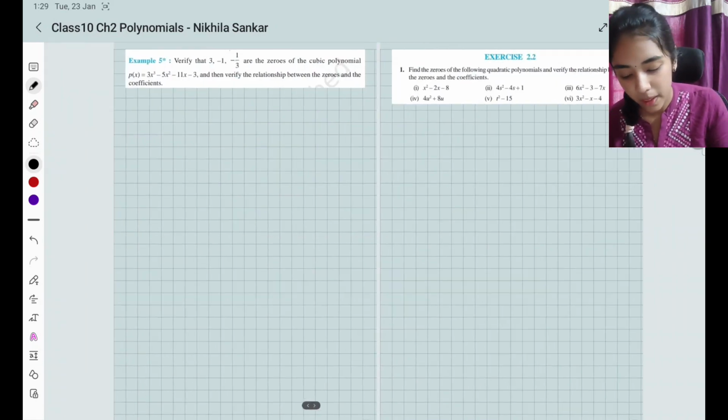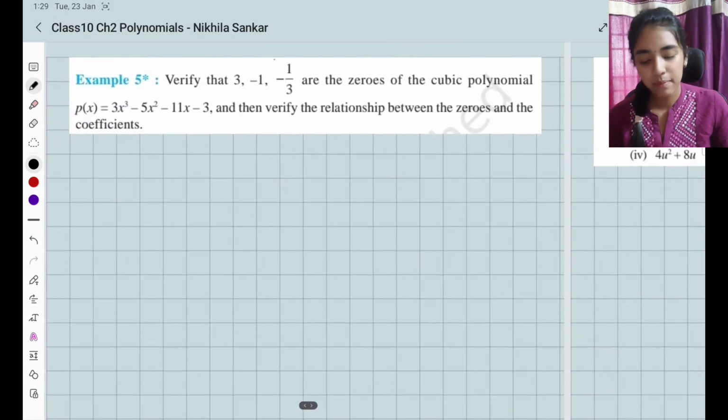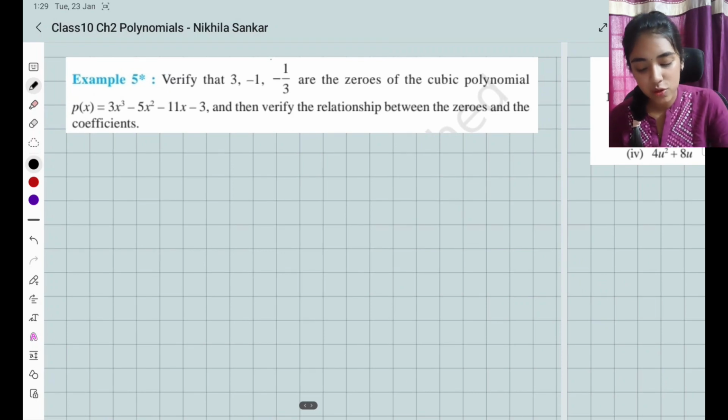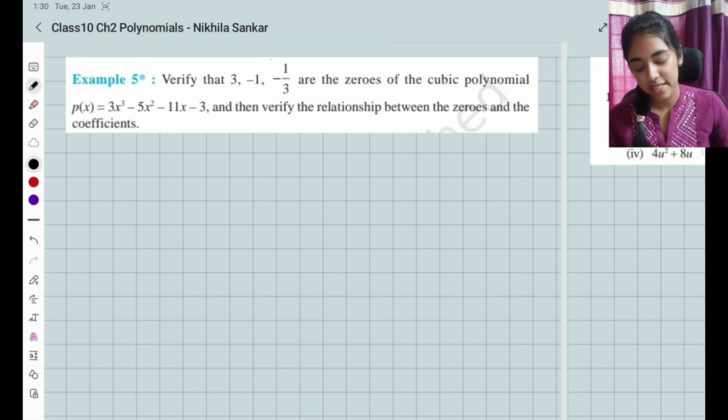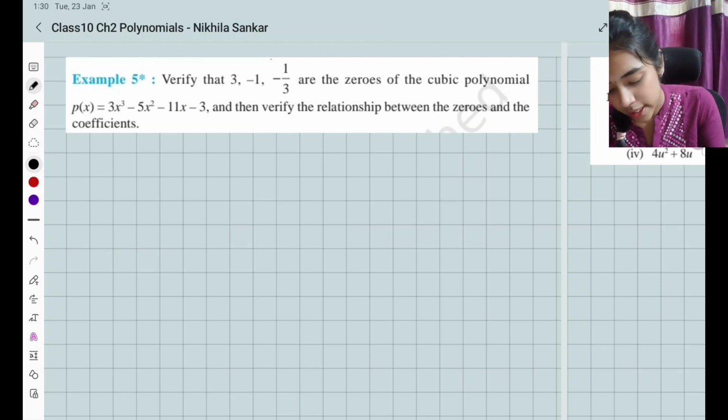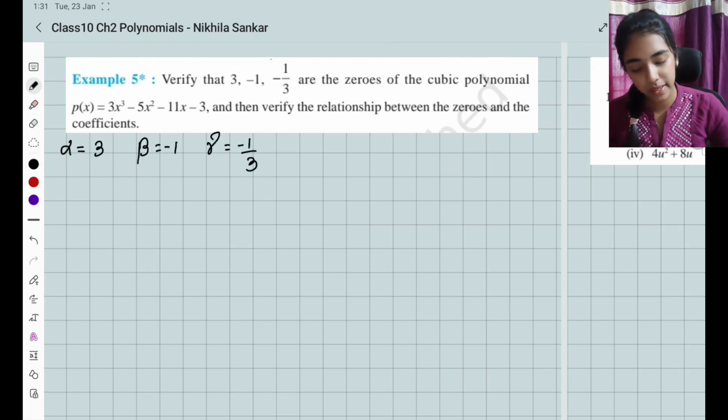Okay, now verify that 3, minus 1, minus 1 by 3 are the zeros of the cubic polynomial p of x, and verify the relationship between them. Now how do you verify this, if they are the zeros of the polynomial? First of all, it is given alpha equals 3, beta equals minus 1 and gamma equals minus 1 divided by 3. If they are the zeros of the polynomial, what does that mean?